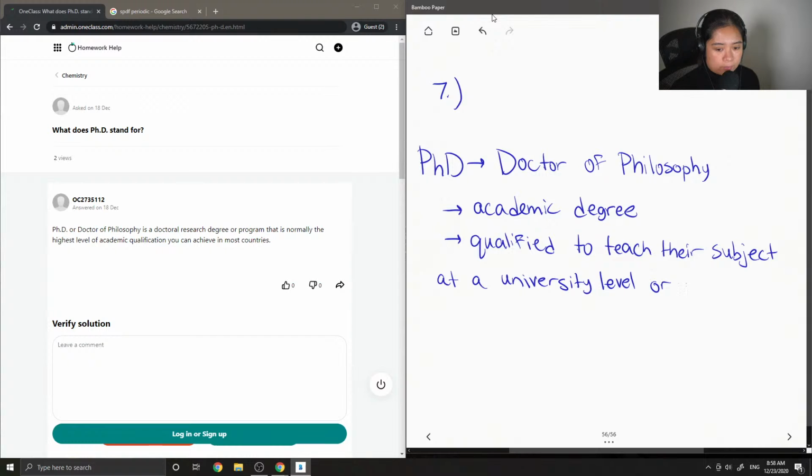Or you can work in the industry in a specialized position in that field.